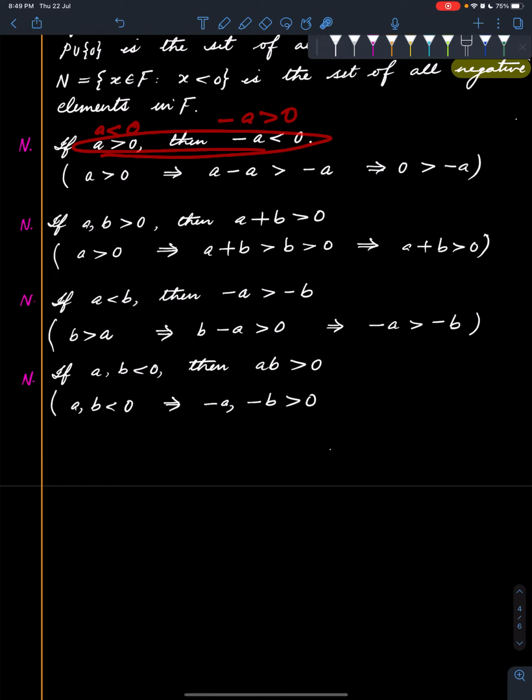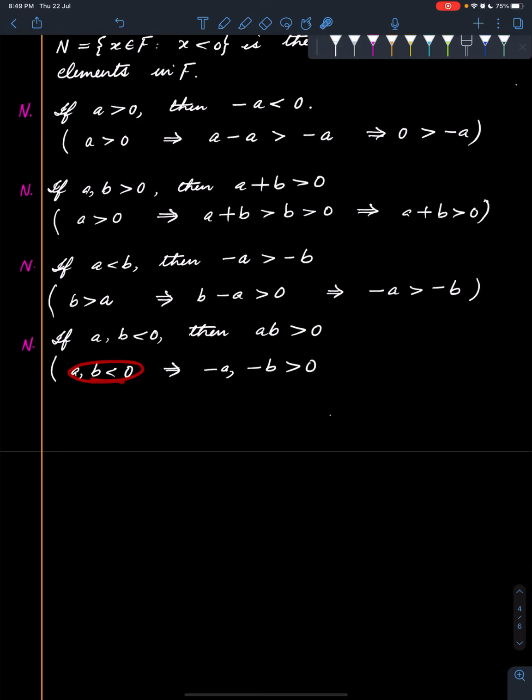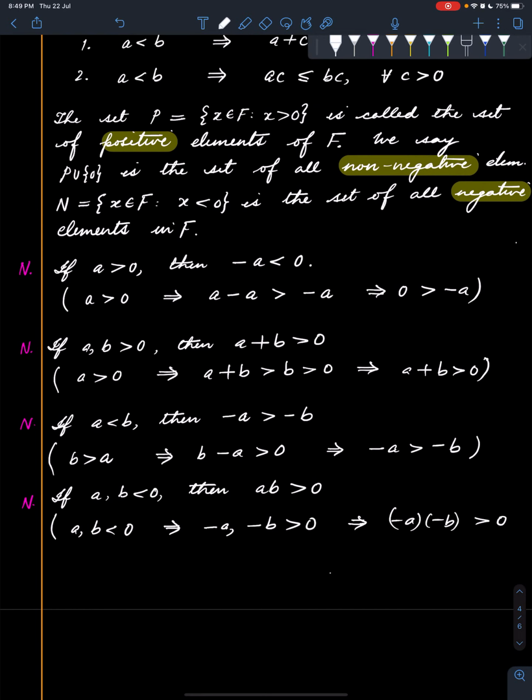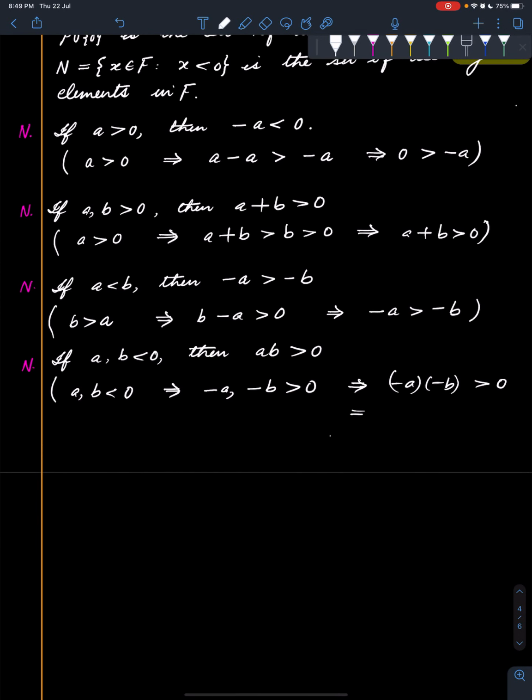It's exactly the same thing. So if these both are negative, then these both are positive, and therefore minus A times minus B is positive by the second axiom, and minus A times minus B is nothing but AB.